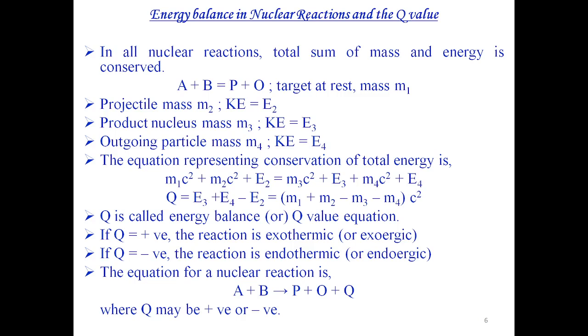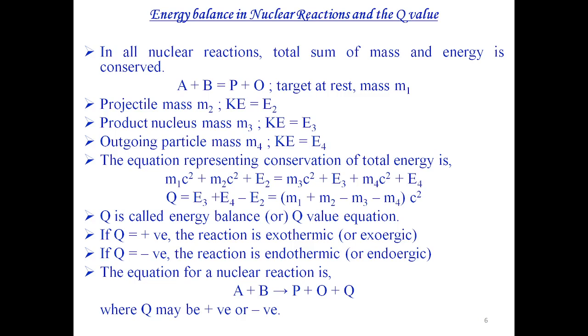E2 is the energy of the projectile, which is equal to M3 C squared plus E3. We know that M3 is the product nucleus mass and E3 is the kinetic energy of the product nucleus, plus M4 C squared plus E4. So here E4 is the energy of the outgoing particle.